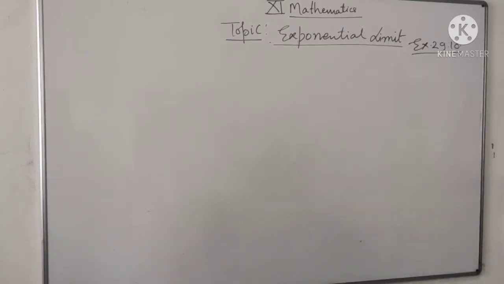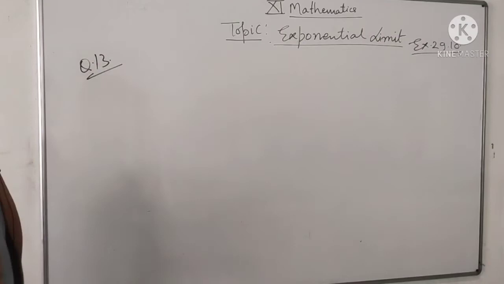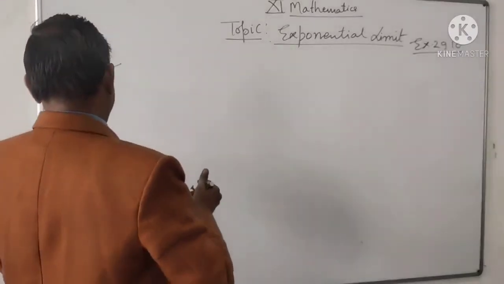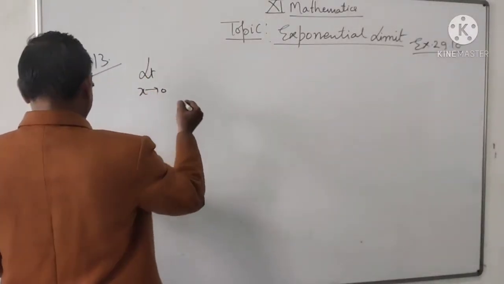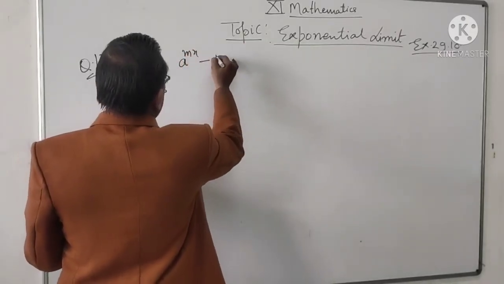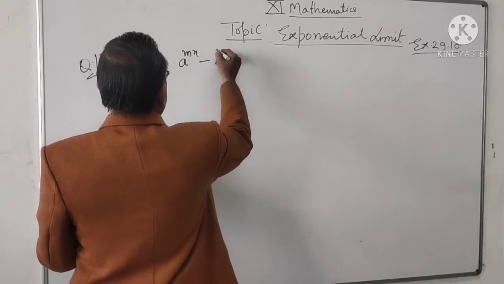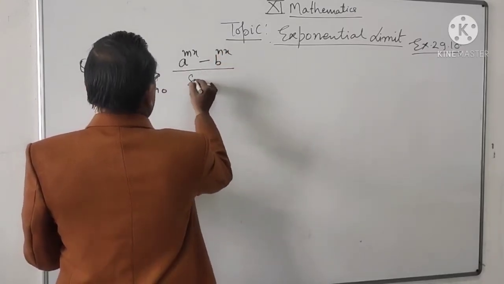So now next is question number 13. There is limit x tends to 0, (a power mx minus b power nx) upon sin kx.